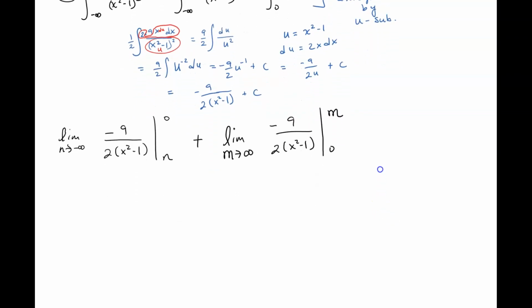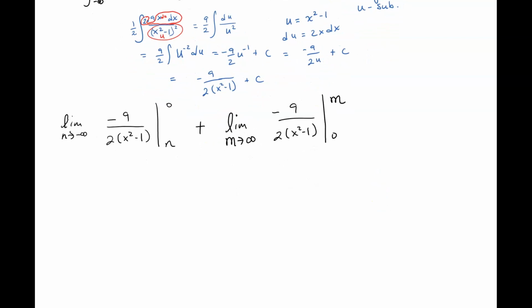Okay, so let's go ahead and take a look at the first limit here. The first limit here is going to be negative 9 over 2 times, basically 0 squared minus 1 is negative 1, minus negative 9 over 2 times n squared minus 1.